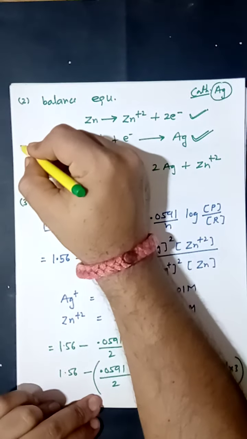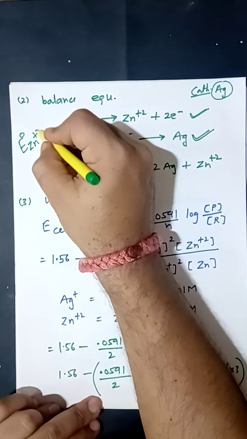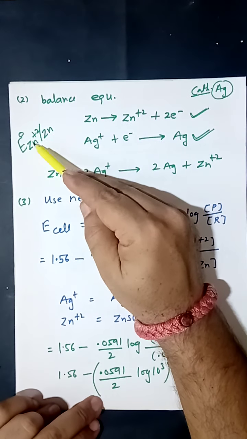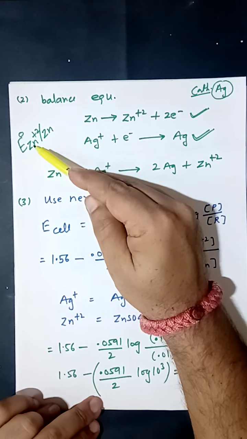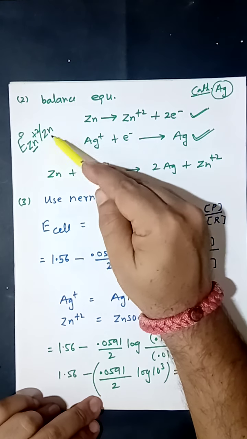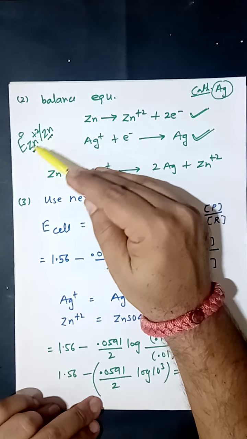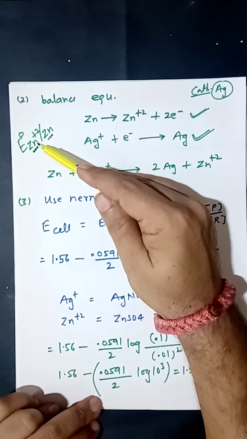Now remember, this symbol helps us in one more way. Whenever you are given this symbol, out of the two, one will be the reactant and the other will be the product. If this is the reactant, then this will be the product, and if this is the product, then this will be the reactant. Which is reactant and which is product depends on the relative reactivity of the element.